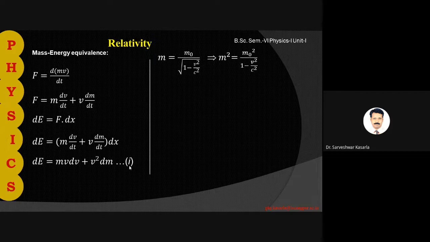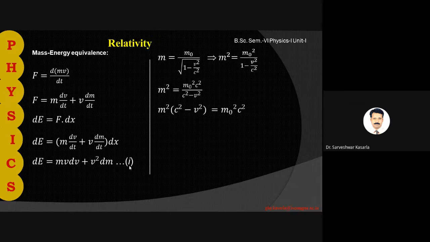If you just solve this, you will get m square is equal to, you multiply on the right hand side by c square in the numerator and denominator. You will get m0 square c square upon c square minus v square.